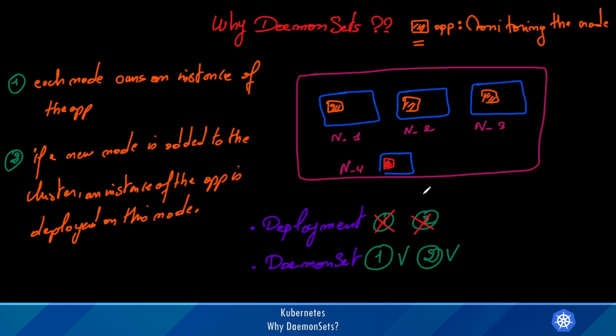If you want to delete the applications deployed with a DaemonSet, you can use the command kubectl delete daemonset and then the name of the DaemonSet. So here we have the DaemonSet name.